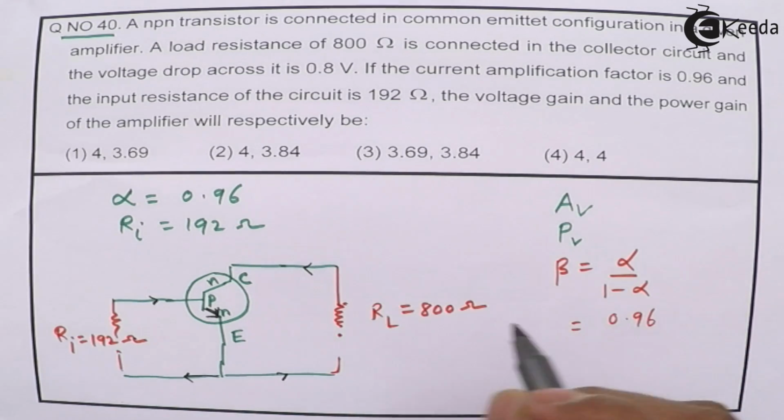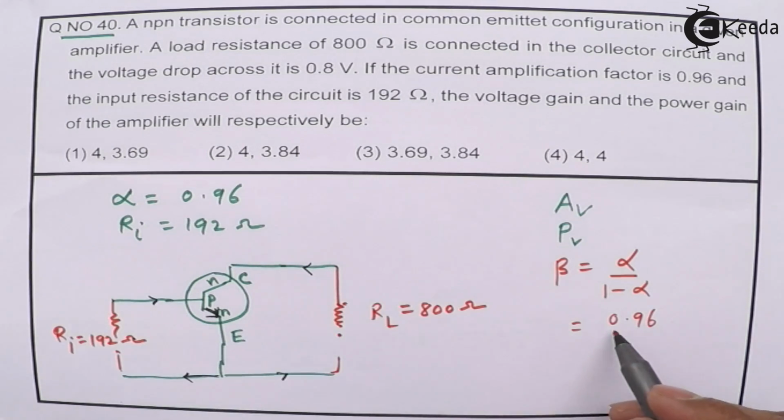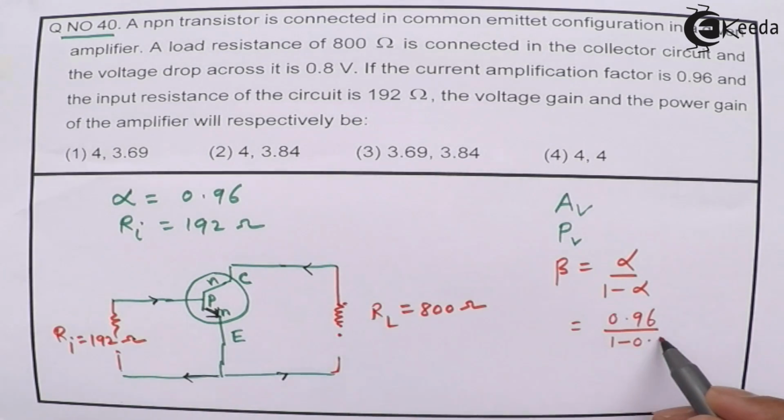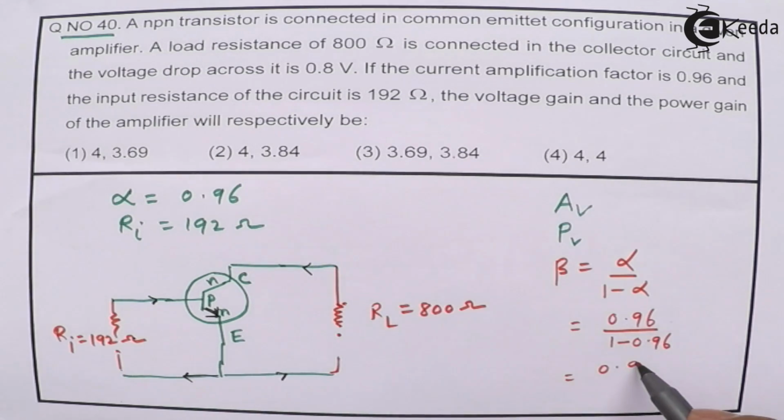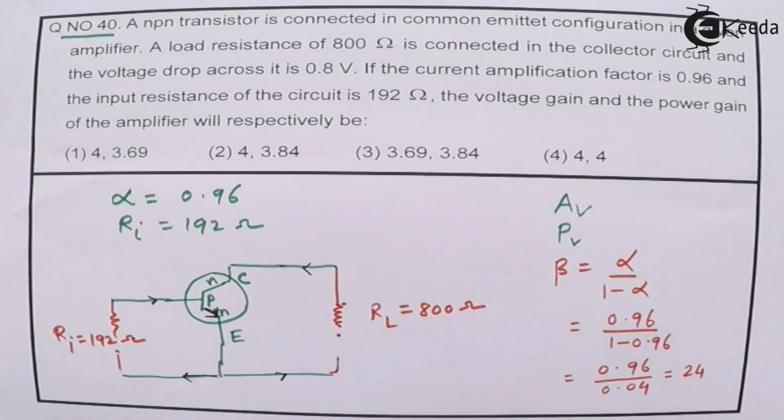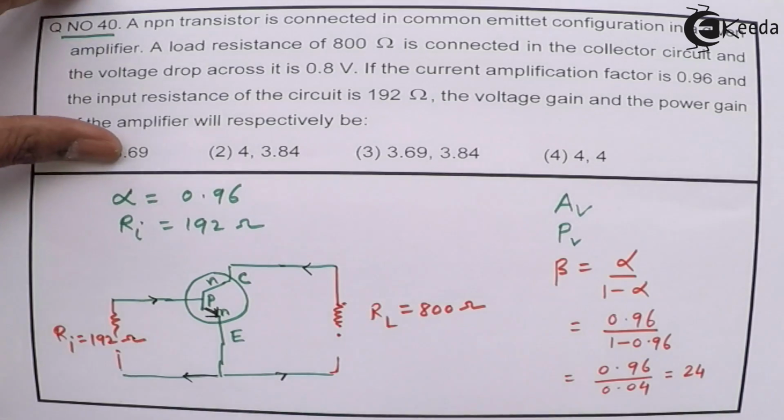That is 0.96 divided by 1 minus 0.96, which is 0.96 divided by 0.04. This is 96 divided by 4, so that is equal to 24. So beta comes out to be 24.